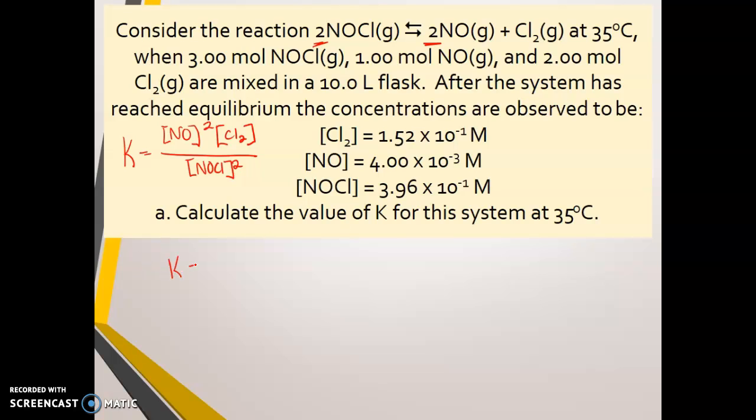K is equal to the concentration of NO, which is 4.00 times 10 to the negative third molar, squared, multiplied by the concentration of chlorine, which is 1.52 times 10 to the negative first, divided by the concentration of NOCl, which is 3.96 times 10 to the negative first, and we have 2 moles of that reactant.